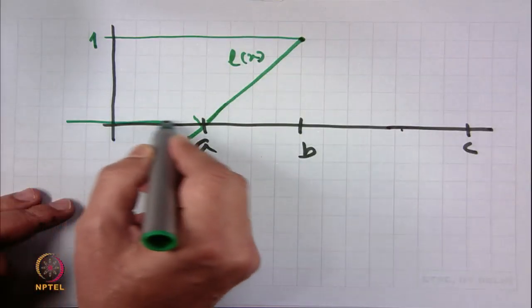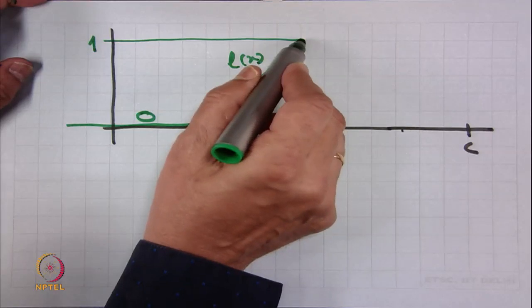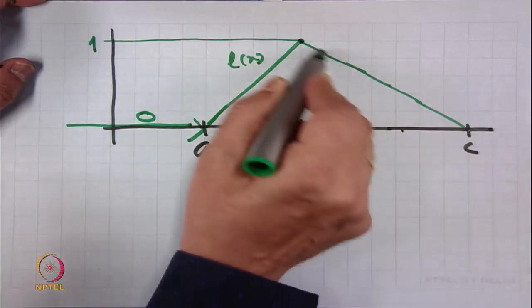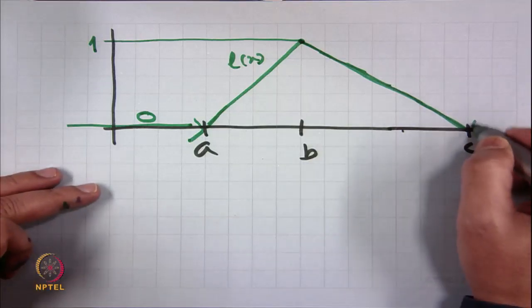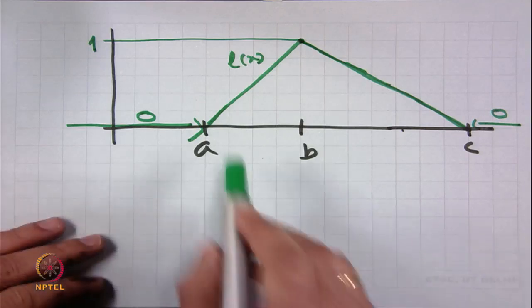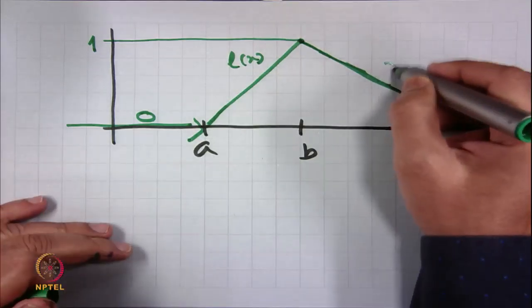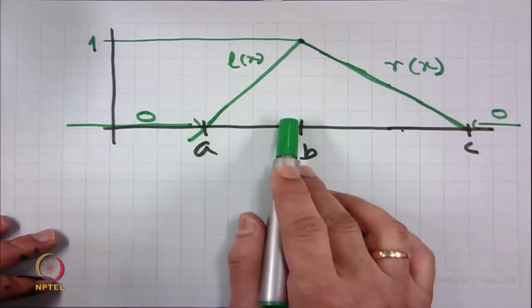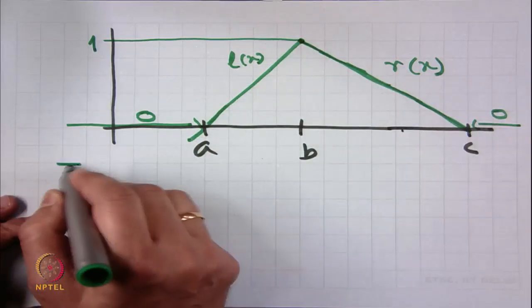Before a, it is 0. In the interval b to c, it is going linearly. Beyond c, it is 0, and therefore, once a, b and c are given, we get a unique fuzzy number defined as follows. This is a triangular fuzzy number.